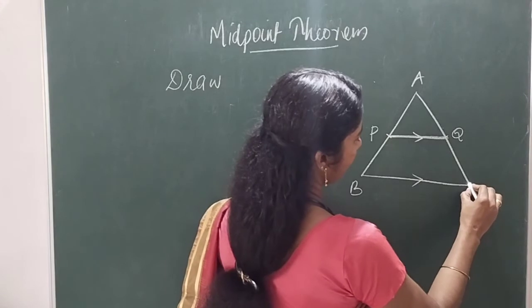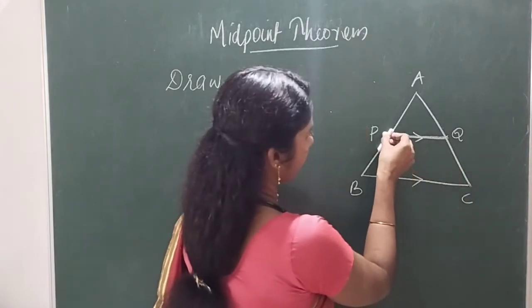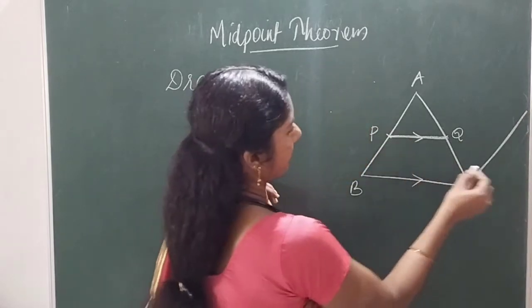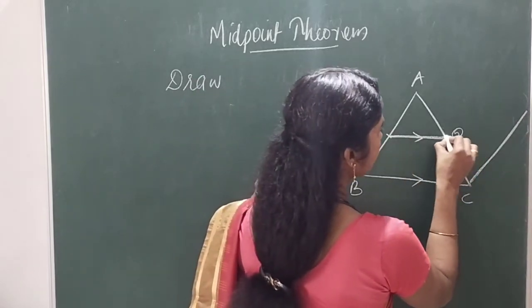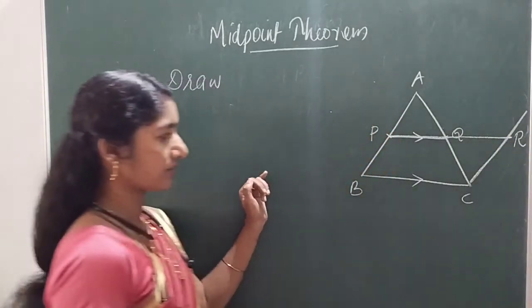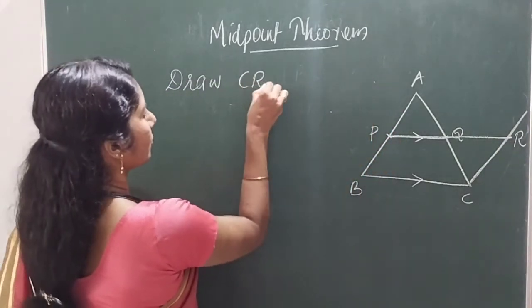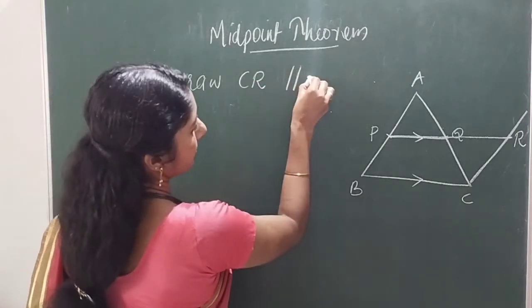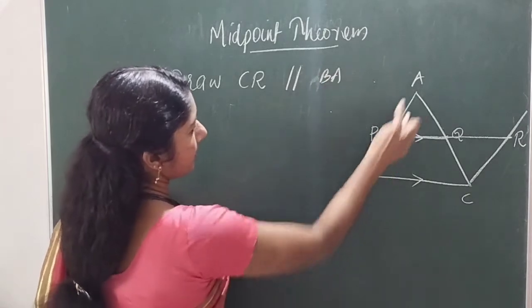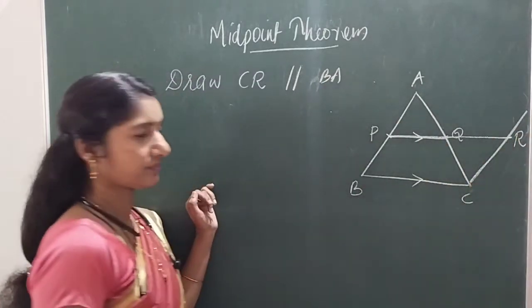See, from C, you are drawing a parallel line to AB. This is the parallel line to AB. And just extend this PQ up to here and give the name R. So you can write draw CR parallel to AB or BA. BA's parallel line is CR.